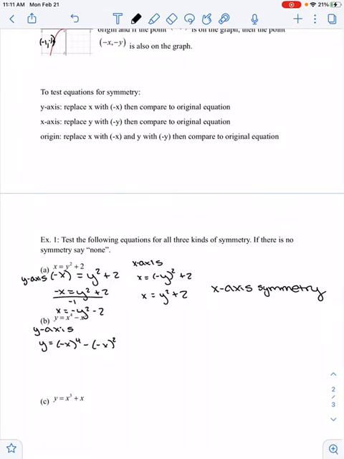A negative to the 4th power becomes positive, and a negative to the 2nd power becomes positive. But don't forget about that minus that was still there. And that does equal the original, so this has y-axis symmetry.